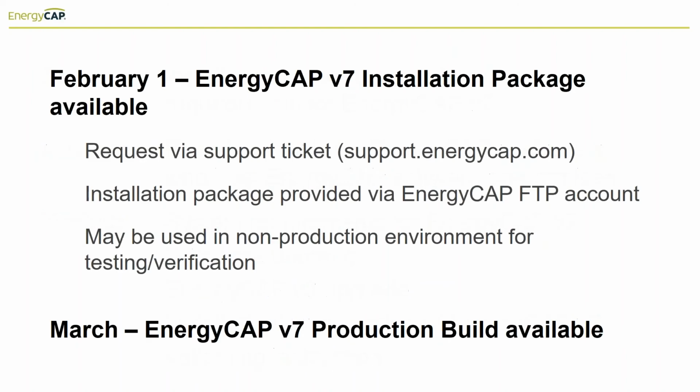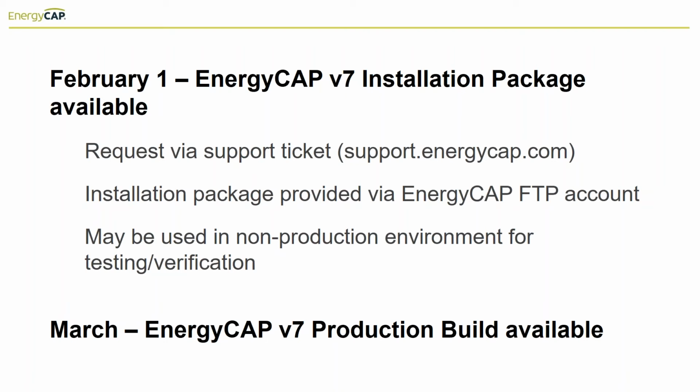From a timing perspective, the software that I'm showing you today will be available for you to request starting tomorrow, February 1st, 2018. We're going to make EnergyCAP version 7 available upon request from our customers who are in maintenance contract. You can request the installation package by submitting a support ticket online.